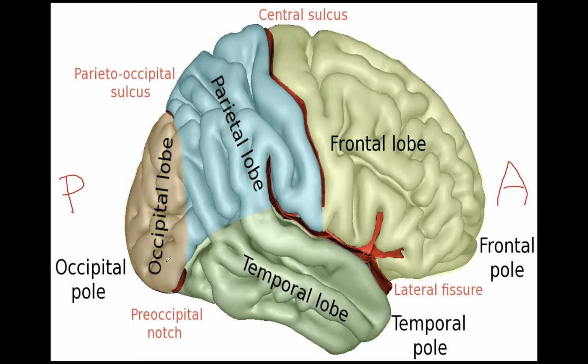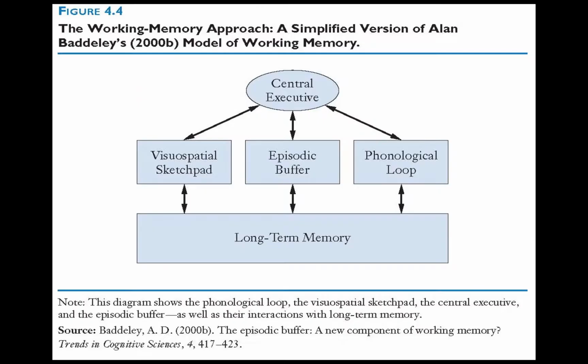The occipital lobe is responsible for visual perception, and the frontal lobe and this parietal lobe are activated upon visual and spatial tasks. So far, you have studied the Phonological Loop and the Visuospatial Sketchpad. Let's move to the Central Executive.